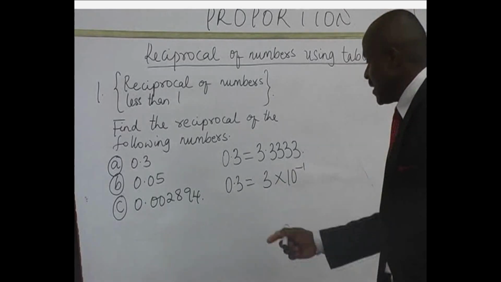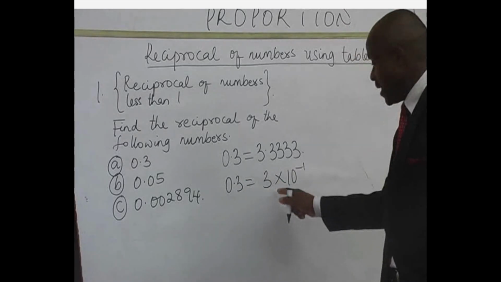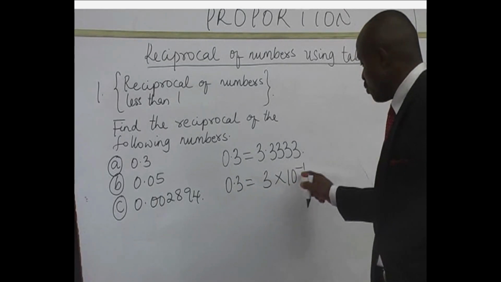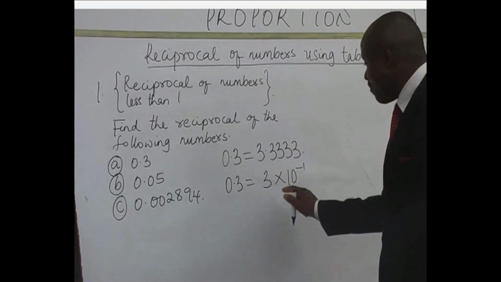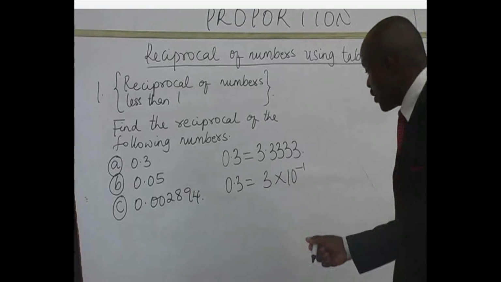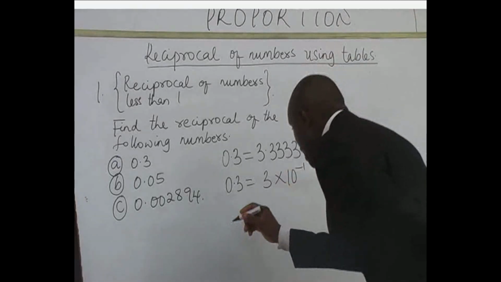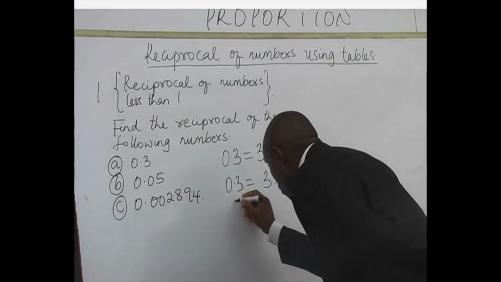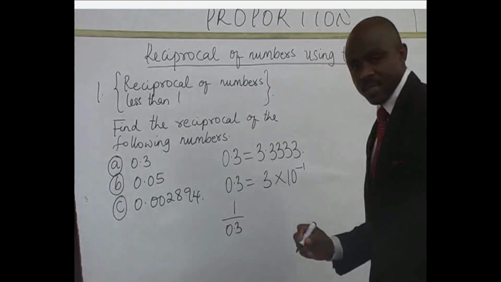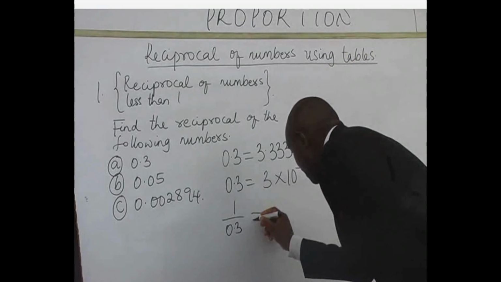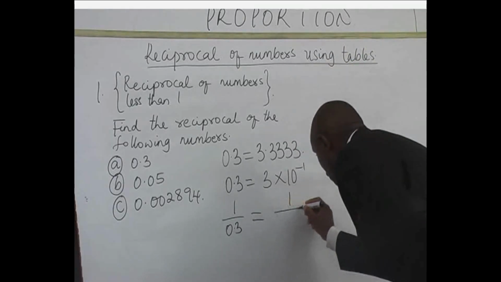Now that you have written 0.3 in standard form to be 3 times 10 raised to the power minus 1, now find the reciprocal. So the reciprocal of 0.3 means 1 all over 0.3. It is the same thing as 1 all over.